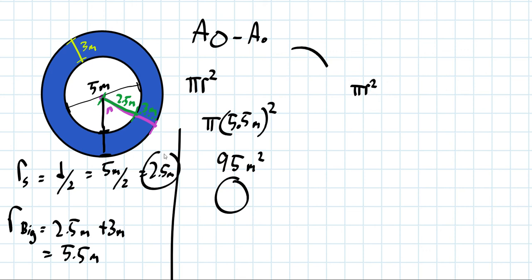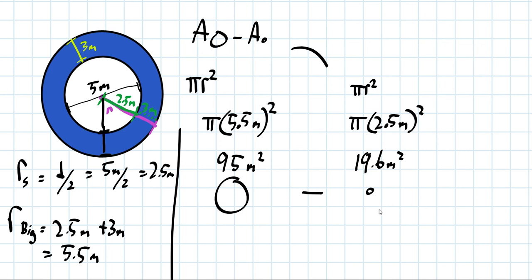This r we already found out, 2.5. We know the diameter of the small one is 5, so this one here is going to be 2.5. So pi times 2.5 meters squared, 2.5, square it, multiply by pi, and we get 19.6 square meters. That's the area of the small circle.